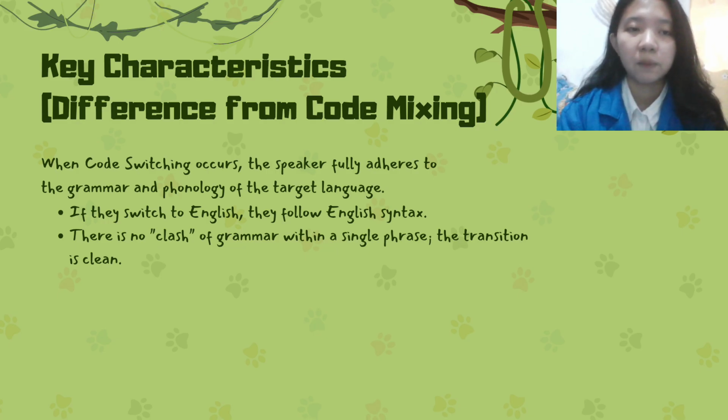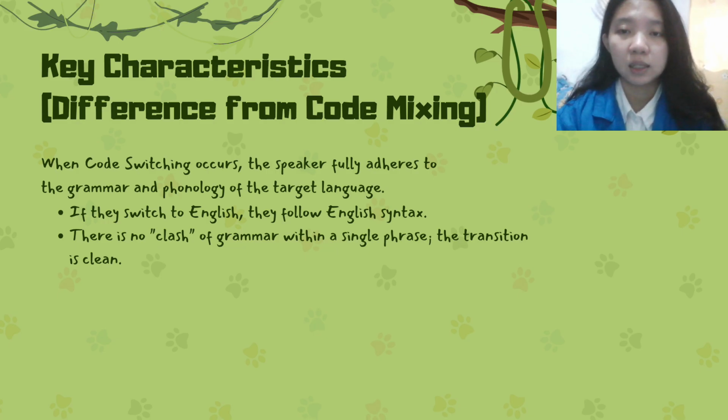For example, if a person switches to English, they will follow English syntax or grammar patterns, not mix them randomly with another language. Another characteristic is that there is no clash of grammar in one phrase. The transition between languages sounds clean and natural.